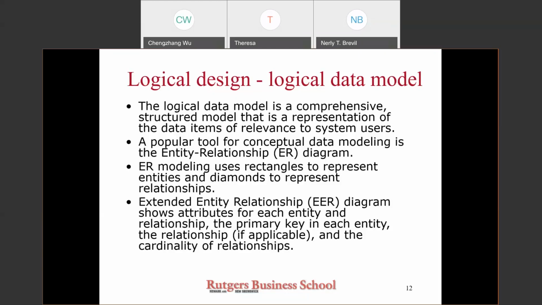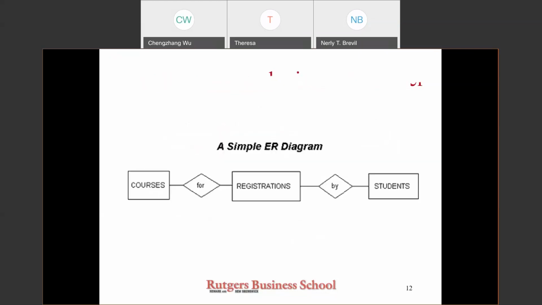But let's briefly explore the ER technique here to facilitate our discussion of the system design process. Entity relationship or ER diagram uses rectangles to represent entities and diamonds to represent relationships. Again, this is very important.